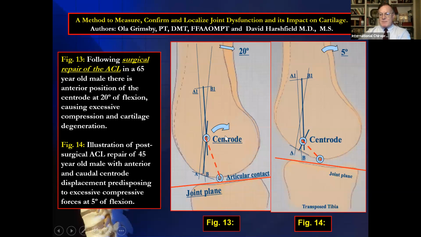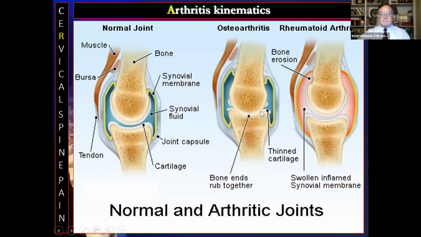Same thing in facets. Because they are so complicated and their axis of rotation is sort of interesting, you just inject the cell therapies along with upper cervical alignment, then you tend to have these facet articular surfaces work well together. Now, here's a normal versus an arthritic joint, just a nice little graphic. You see here's a knee, for instance.